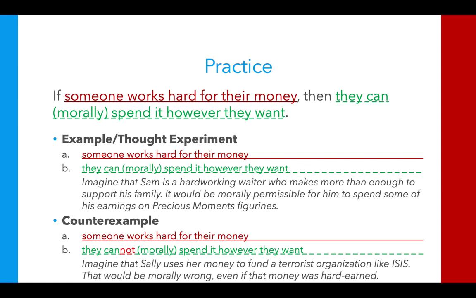If it's a thought experiment or an example, you want to give me enough detail so that I have the intuition that the consequent is true. Right here, for example, that the person can morally spend that money however they want, or at least spend it in some way that they want to. And then for the counterexample, we need to describe it in enough detail where it seems like, oh no, it would be wrong to spend it in this way that they want to.